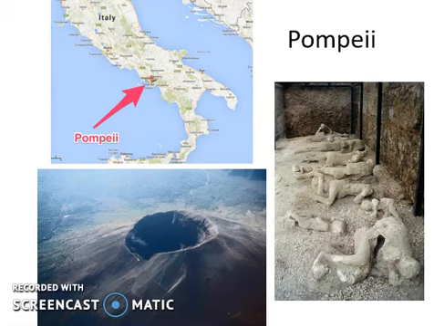The city ended up being covered in ash when this volcano erupted. The fascinating thing about Pompeii is that we get a really good look at how Roman life was lived because of this city and what happened to it.